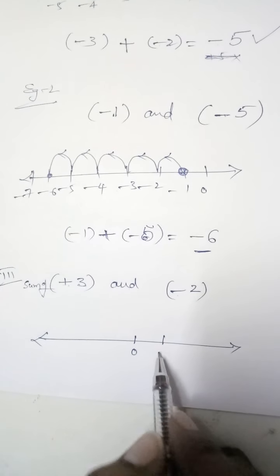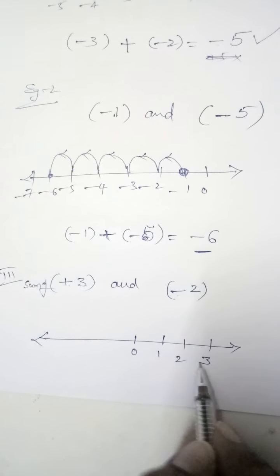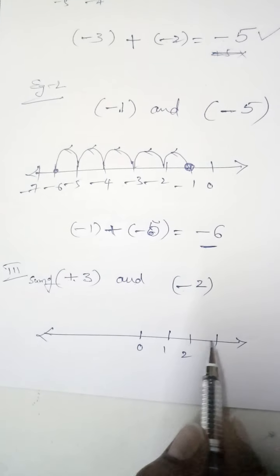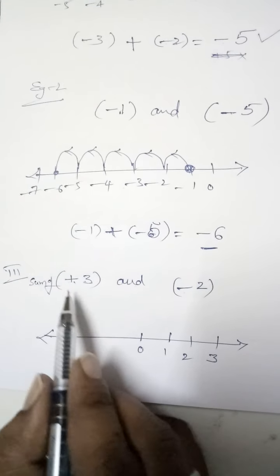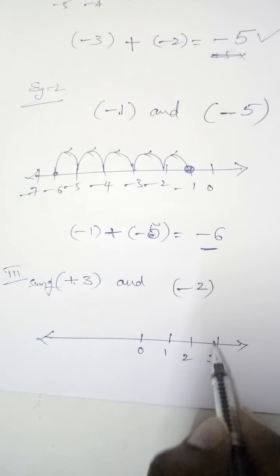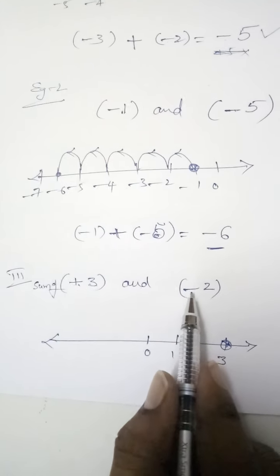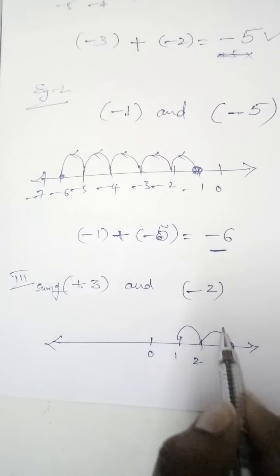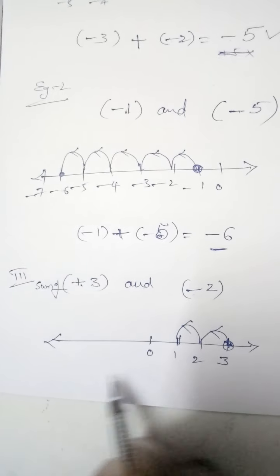What is the positive? 1, 2, 3, right? The big number is plus 3, so I am marking up to 3. Now start from 3. Now here is negative 2. Negative 2 means come back from 3.